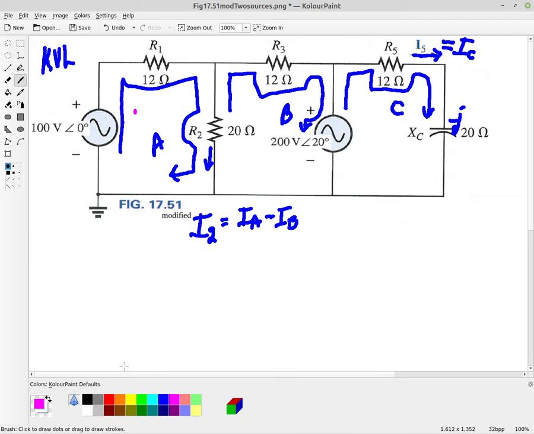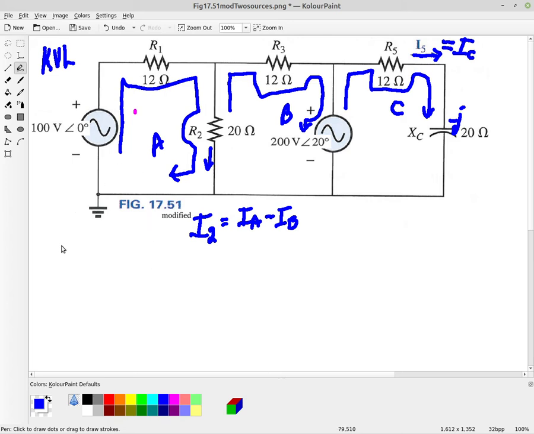If you try to use one of those other loops, technically it'll work if you're careful and you never duplicate anything. The results would still come out okay. However, it's very easy to get confused. What I'm going to show you is how you can do mesh analysis pretty much without even thinking about it.